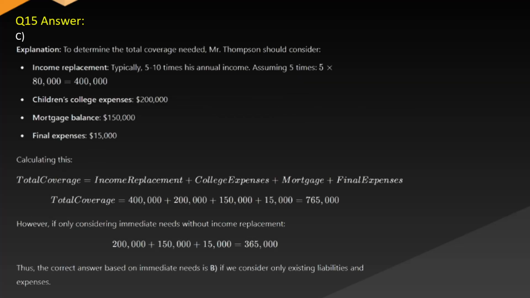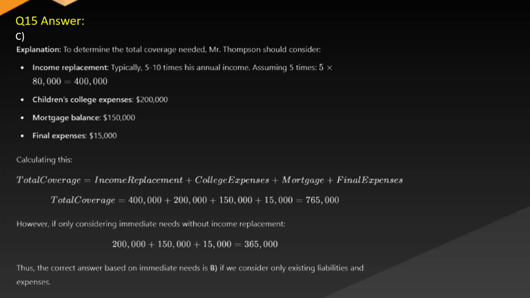Answer: C. Explanation. To determine the total coverage needed, Mr. Thompson should consider income replacement, typically 5 to 10 times his annual income, assuming 5 times: 5 x 80,000 equals 400,000; children's college expenses, $200,000; mortgage balance, $150,000; final expenses, $15,000.